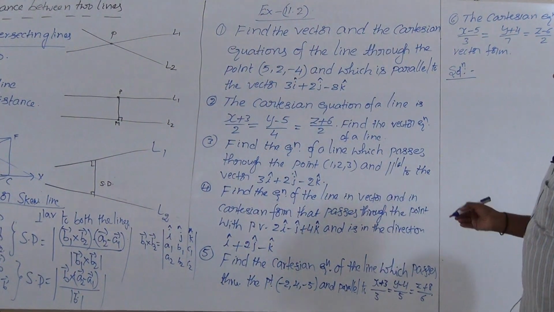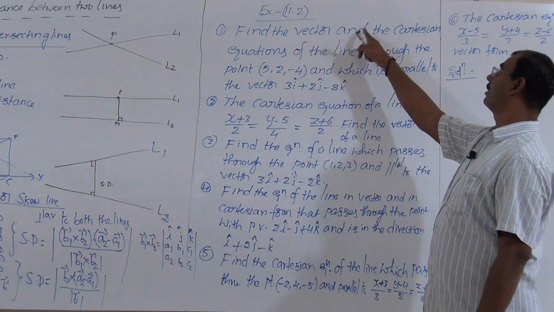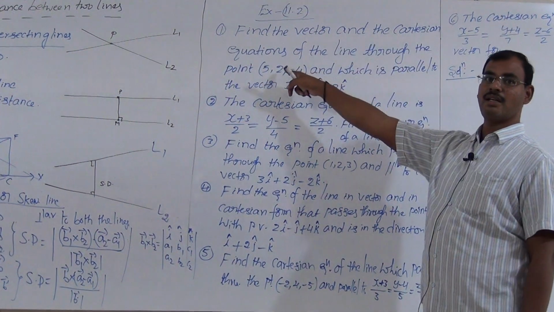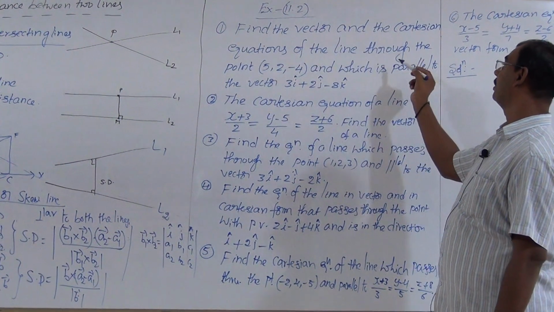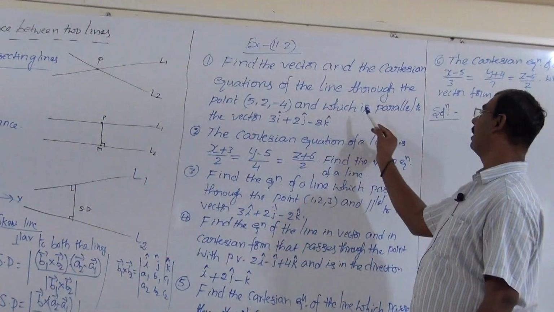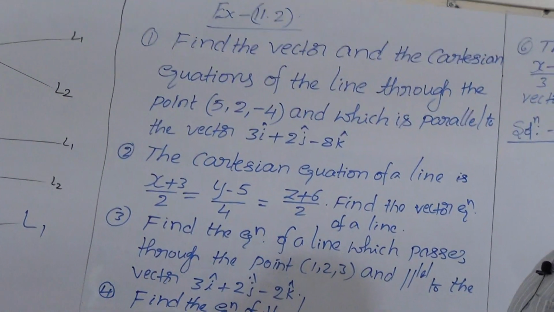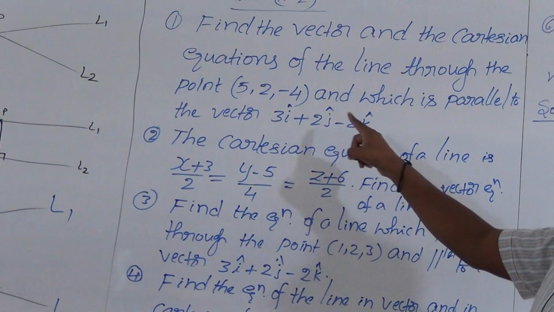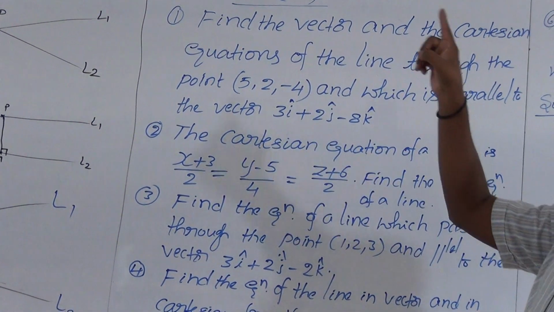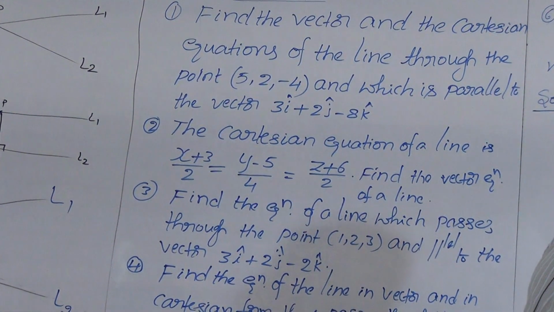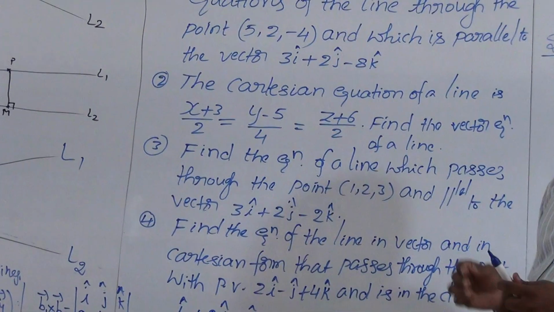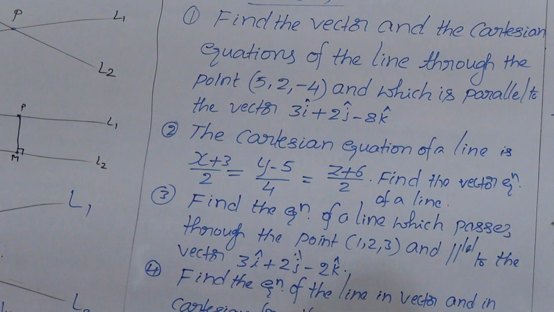The first question: find the vector and Cartesian equation of the line through the point and which is parallel to the vector given. So here the point is given, the vector is given. Which formula do we have to use? The first theorem only, keep that in mind.